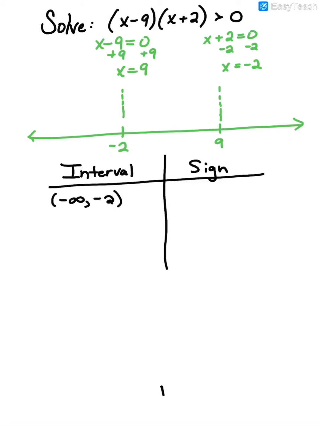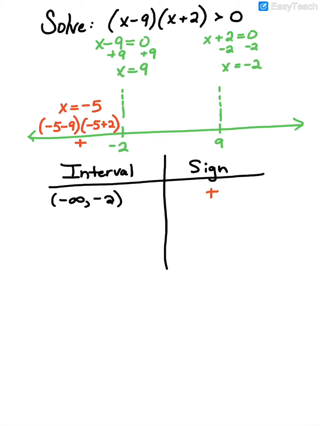If I take a test point and I simply plug it into the original inequality, so let's just use a test point of, let's say, x equals -5, since that would be on that interval, then what I know is that if I have -5 minus 9, that's a negative number, and -5 plus 2, that's also a negative number. A negative number times a negative number would give me a positive number. So my sign on that interval would end up being positive.